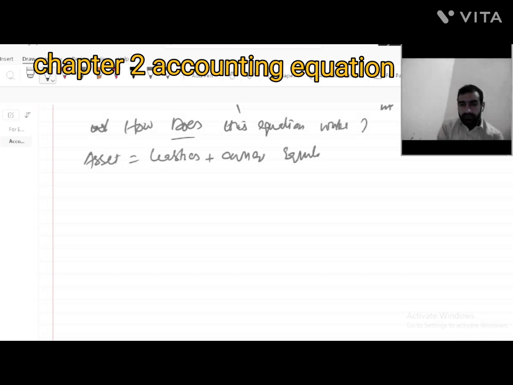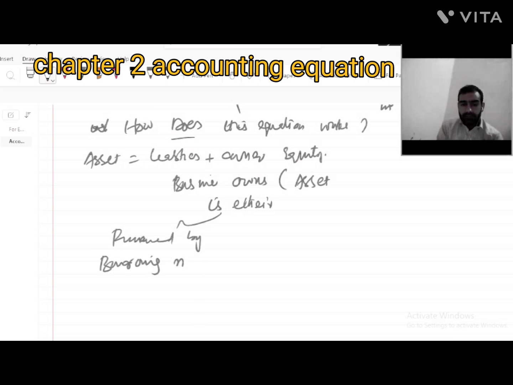Now the business's assets are either financed by borrowing money, that is the liabilities, or by the owner's investment, that is your equity.